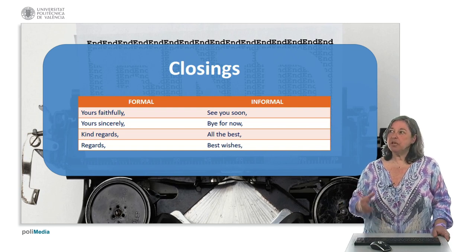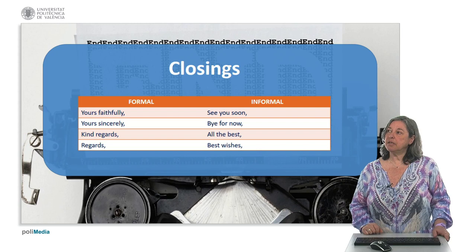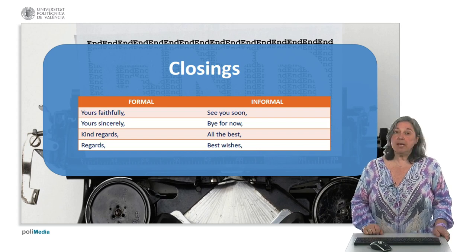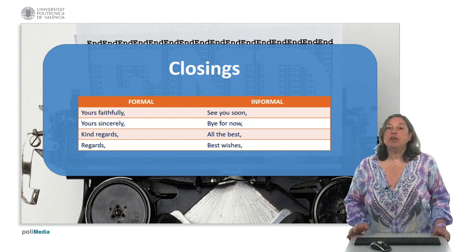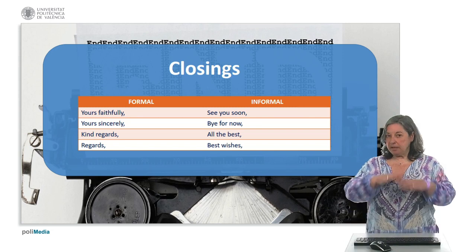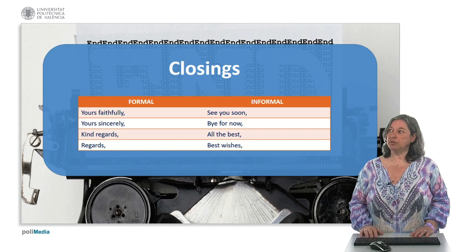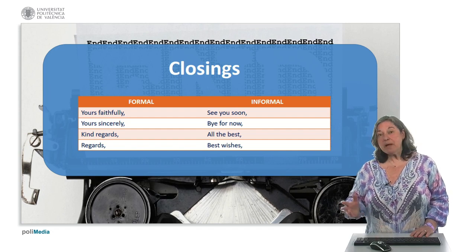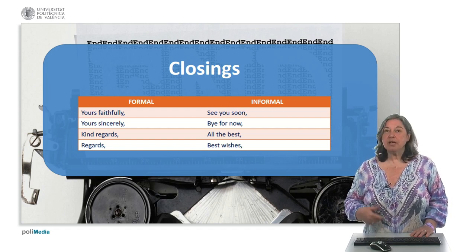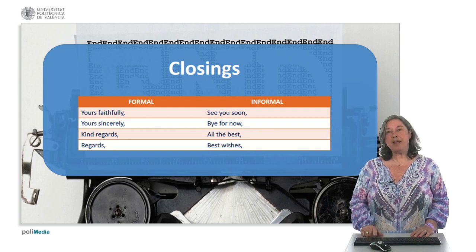These are expressions to close a letter that we'd use in a formal situation. In a more informal situation, we can use expressions like, as I say, there's a larger variety. We can use expressions like see you soon, or bye for now, all the best, best wishes, and then we sign off with our names, okay?